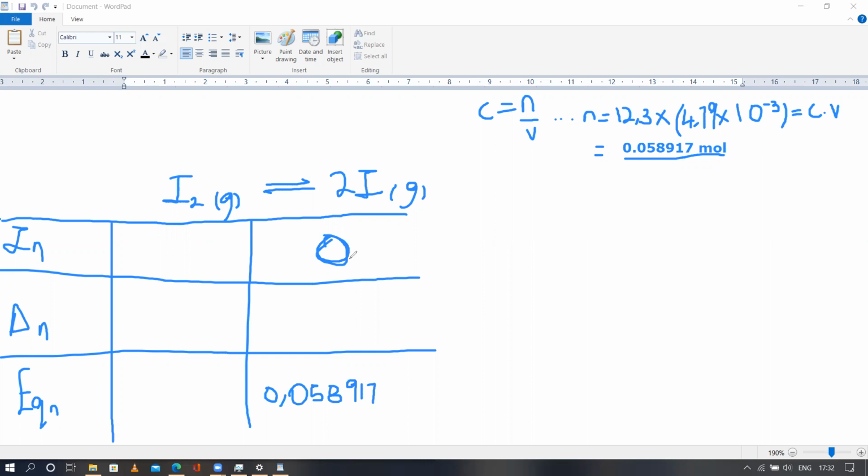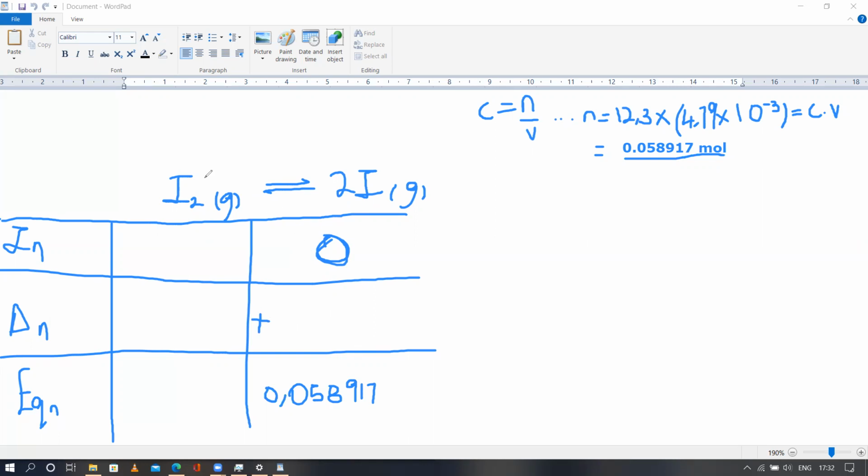So that means to find the change in number of moles, you're gonna have to look. It went from 0 to 0.058917. So that means that the moles of your iodine atoms were formed.